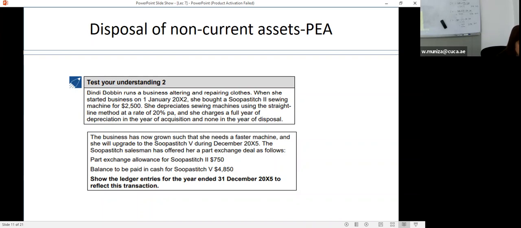You are required to show the ledger accounts, but do pass the accounting entries. We are going to make the ledger accounts later. All the years, please pass accounting entries: 2, 3, 4, and 5.